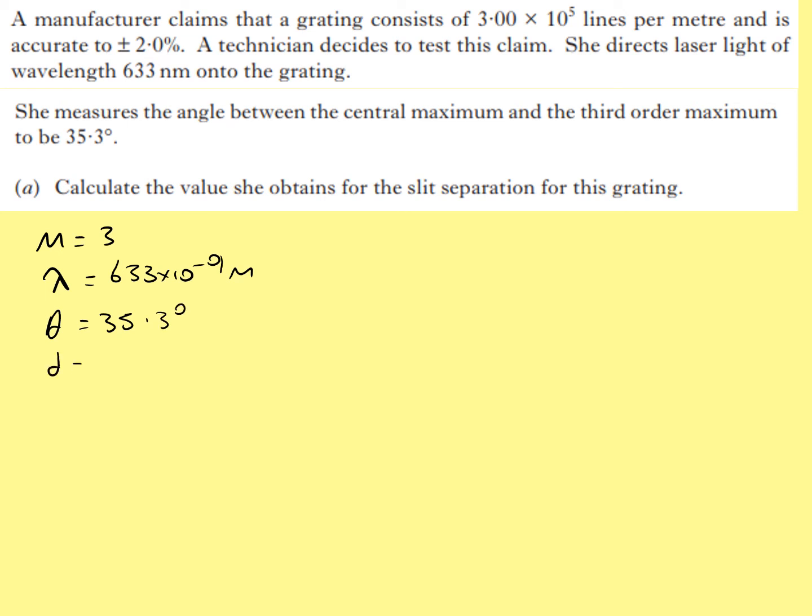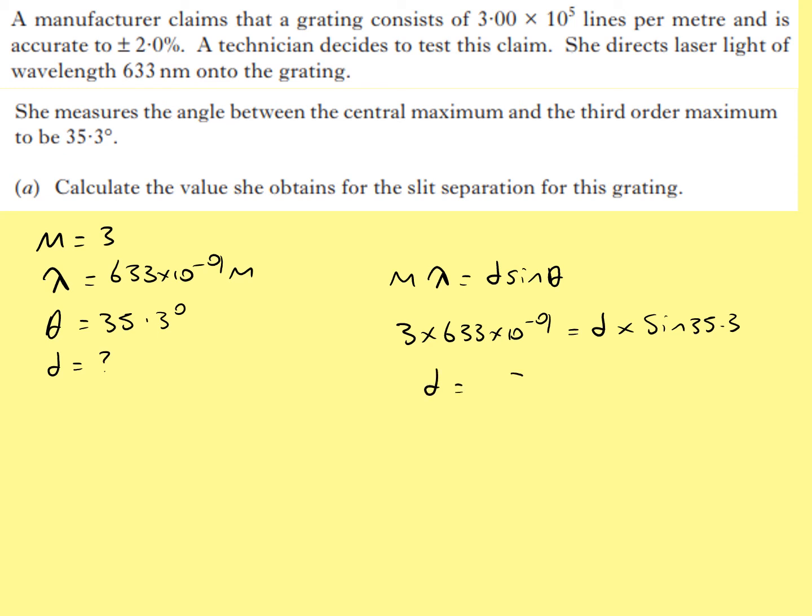We want to find d. So m lambda is equal to d sine theta. 3 times 633 times 10 to the negative 9 is equal to d multiplied by sine of 35.3.